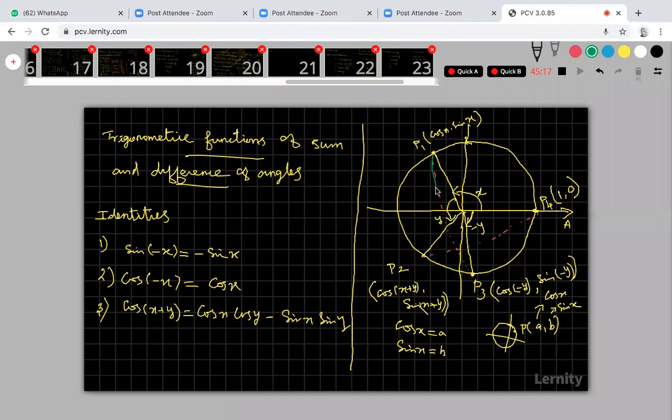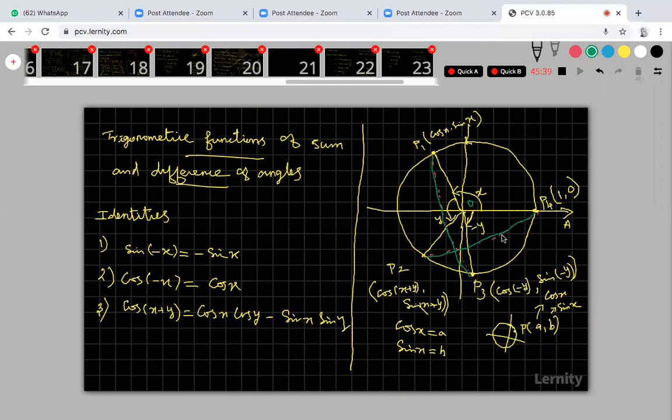I'm joining P1 and P3, and P2 and P4, with straight lines. I'm getting two triangles: O P1 P3 and O P2 P4. So these two triangles are congruent.